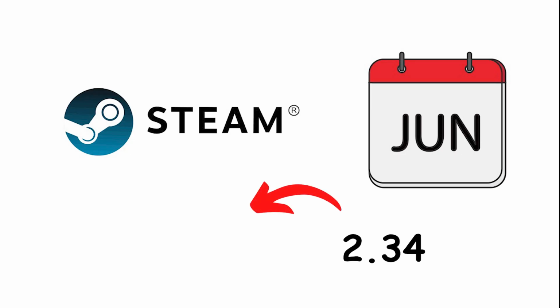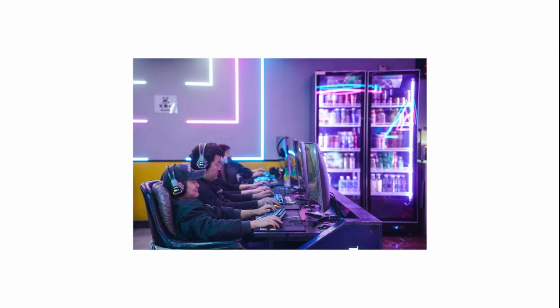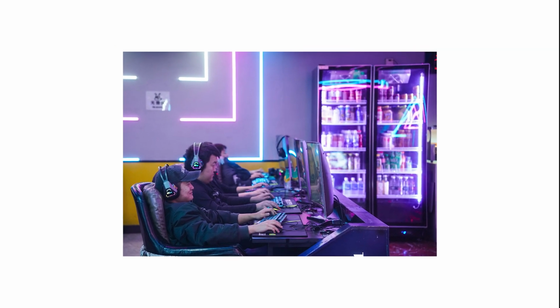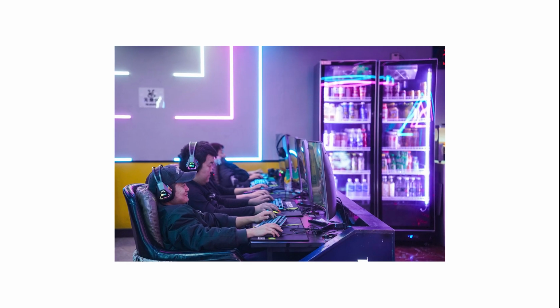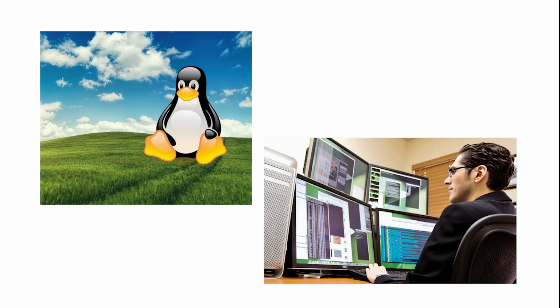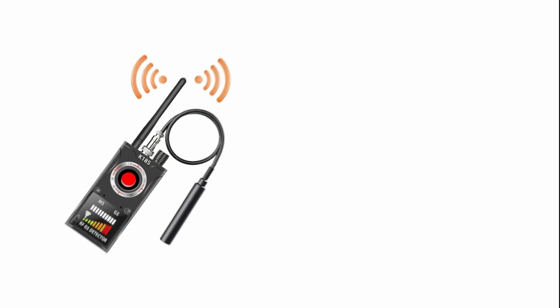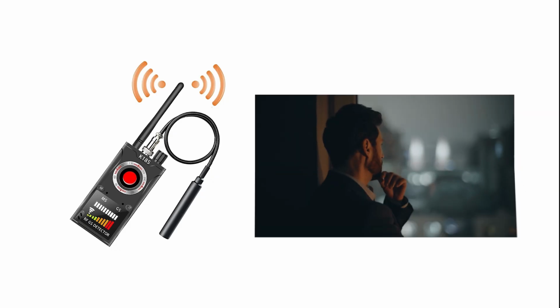In June, simplified Chinese usage on Steam jumped 2.34 points to 24.19% of all users. A wave of Chinese Windows gamers entered the sample. Linux lost share without losing a single user. Both charts move when the sample moves. Neither chart tracks anyone reformatting a machine.